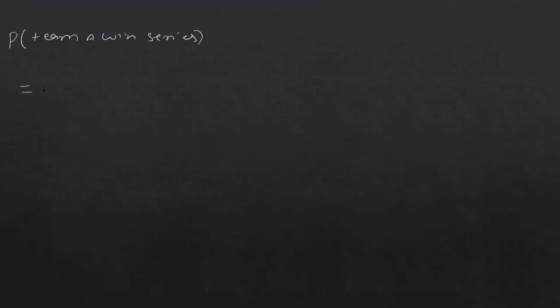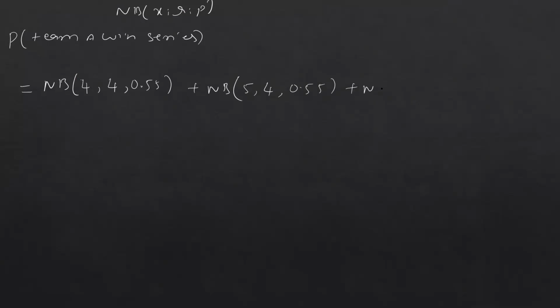So this becomes the negative binomial of X, R and P. They have to win 4. And what is the success? All the 4 they have to win with the probability of 0.55, plus negative binomial of the 5th match also. In the 5th trial, 4th success with the probability of 0.55, plus negative binomial of the 6th trial, success should be 4, and the probability is 0.55.